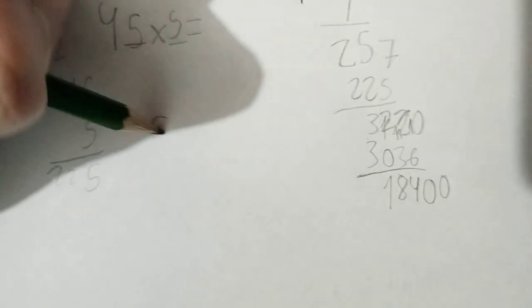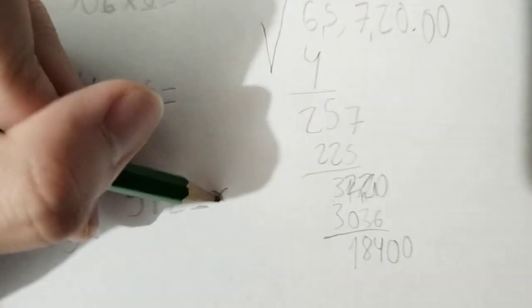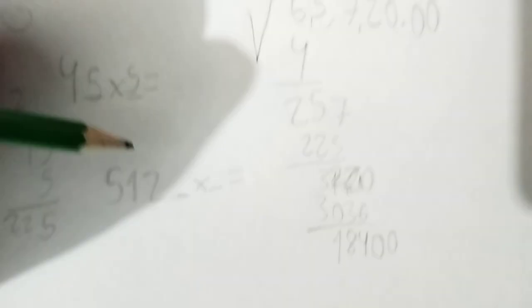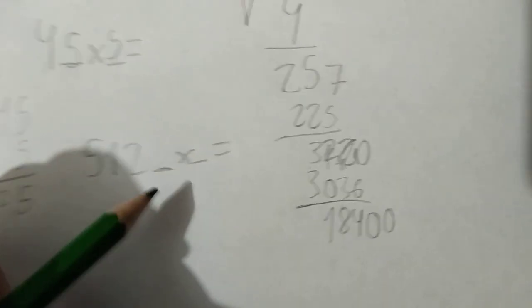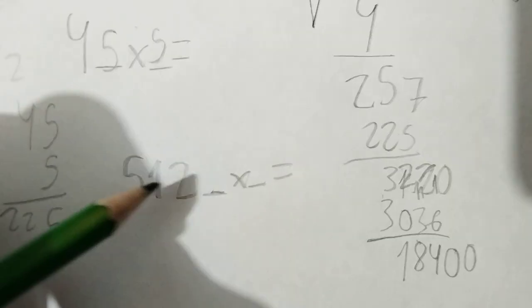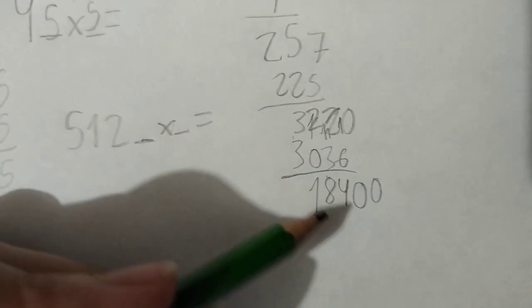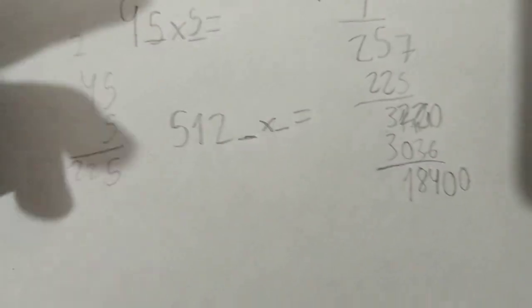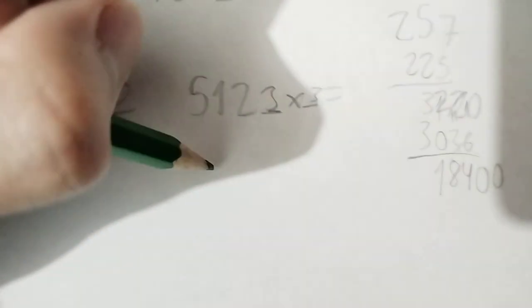So you have 512 times blank equals. Now, double this number, and what's the closest possible number where the last digit times that digit equals the greatest number that is less than or equal to this.